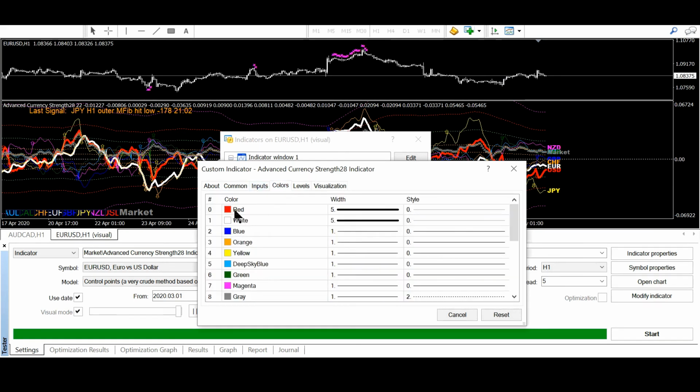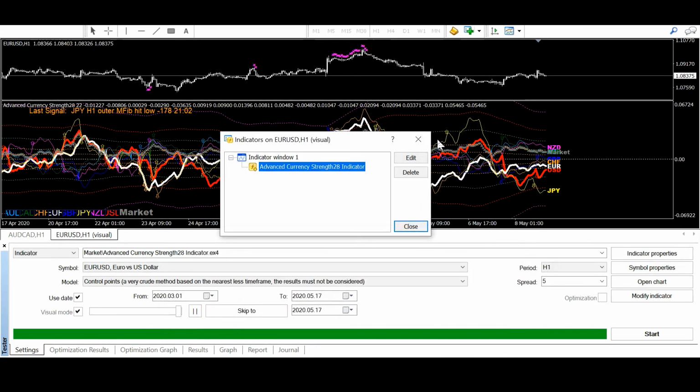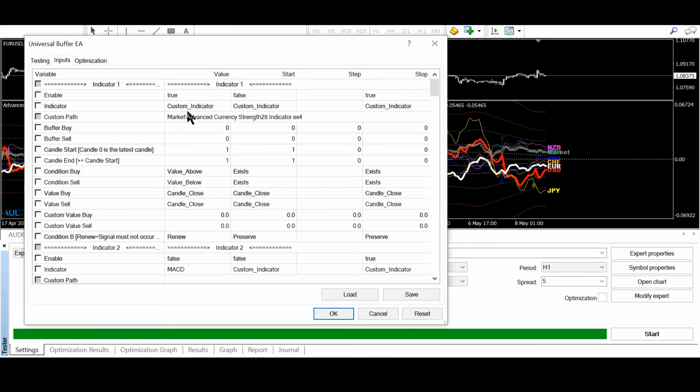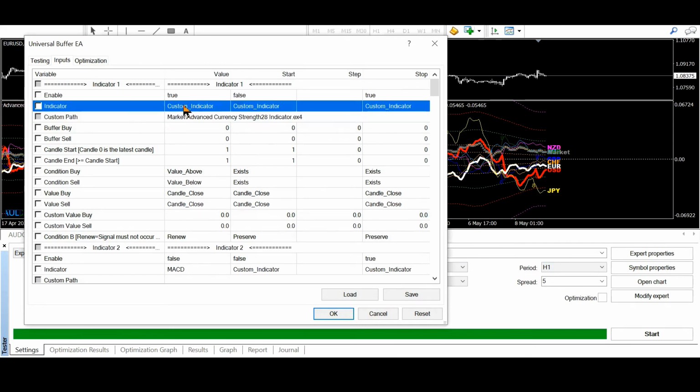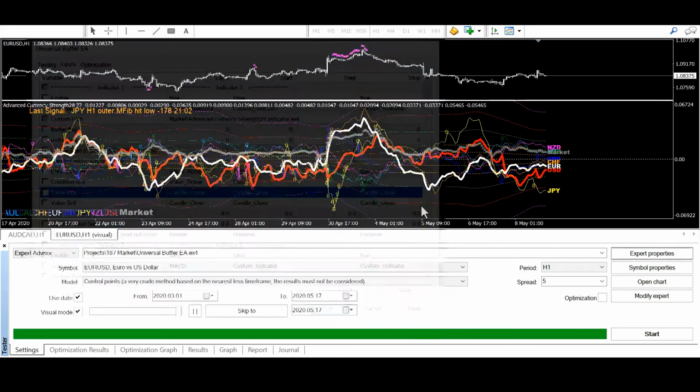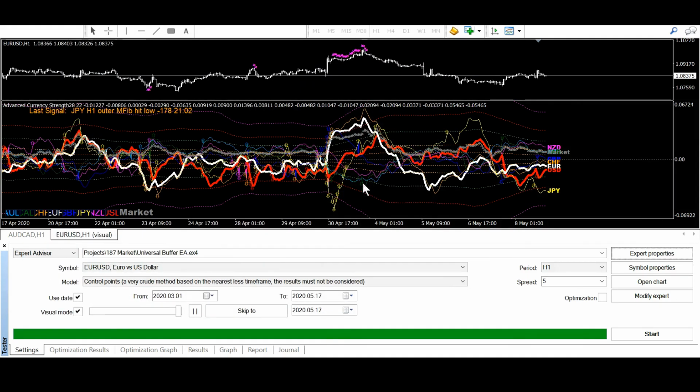You see that the red line is at position 0 and the white line is at position 1, and now you can just copy the path and paste it into the Expert Advisor, and now just set the correct inputs here and then you can trade this indicator.